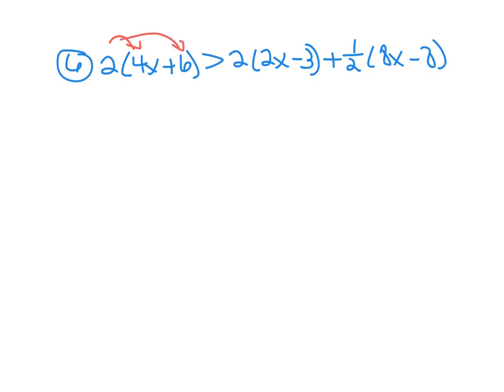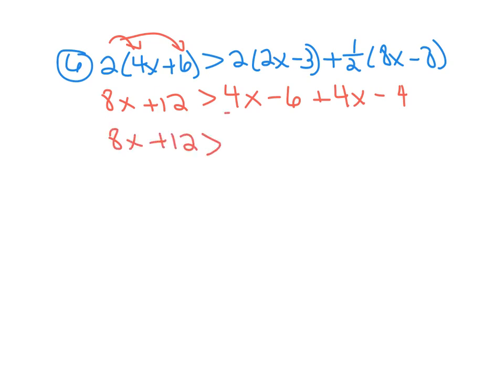All right, so here we go. Should have 8x plus 12 greater than 4x minus 6 plus 4x minus 4. Nothing to combine on the left. However, 4x plus 4x, 8x minus 10, because -6, -4.